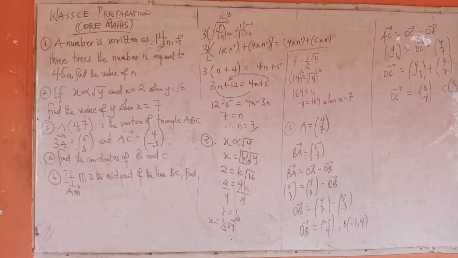Finally, I've been asked: if M is the midpoint of the line BC, find AM. So we can have something like this: let's say A here, B here, and C here. M is the midpoint, which means it should be somewhere in the middle of BC. We have to find AM.